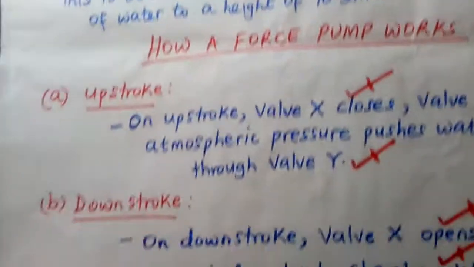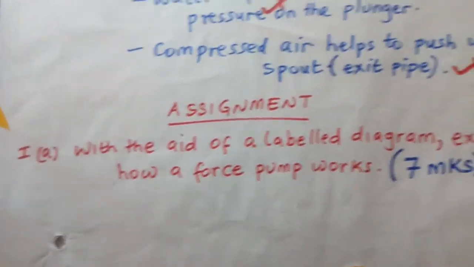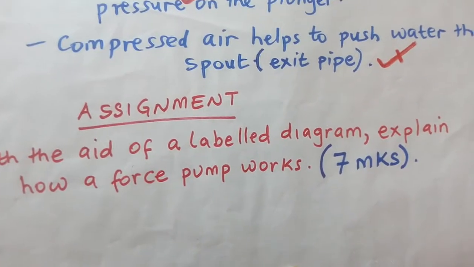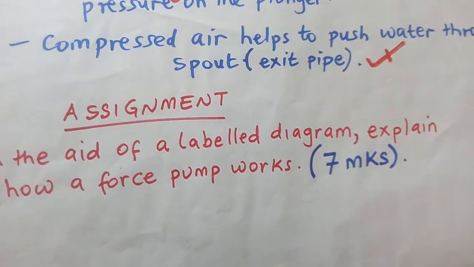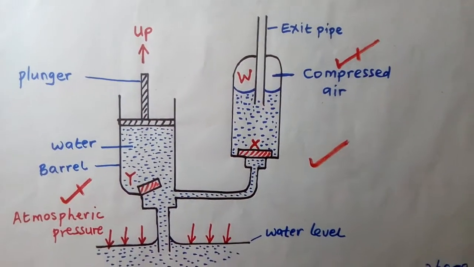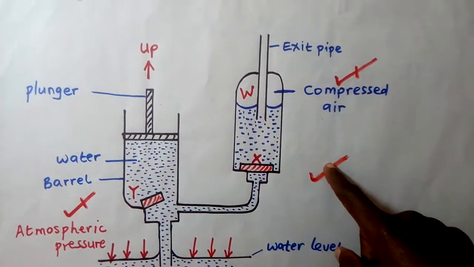So this is in line with this question assignment. With the aid of a labeled diagram, explain how a force pump works. 7 marks. So you can see, where do you get marks? Drawing an accurate diagram, 1 mark.